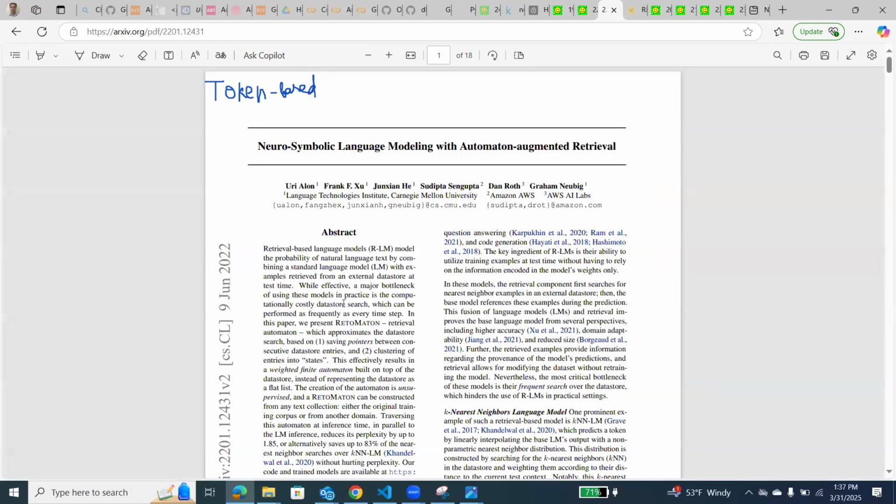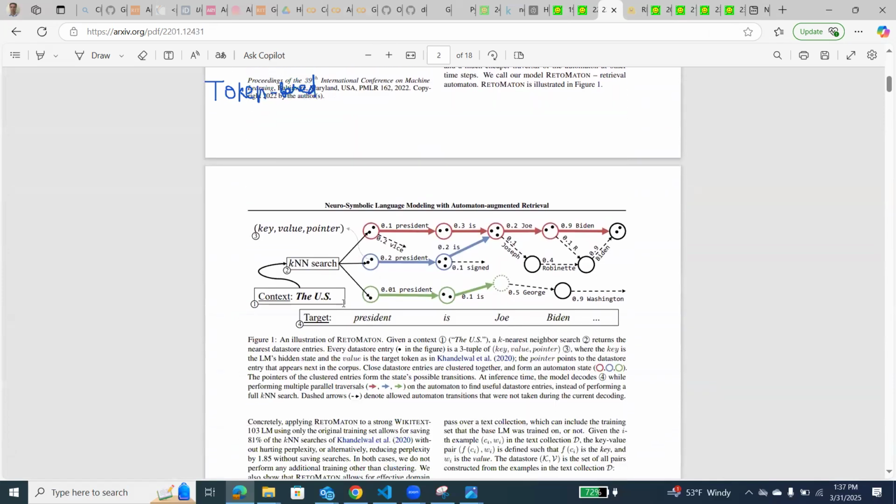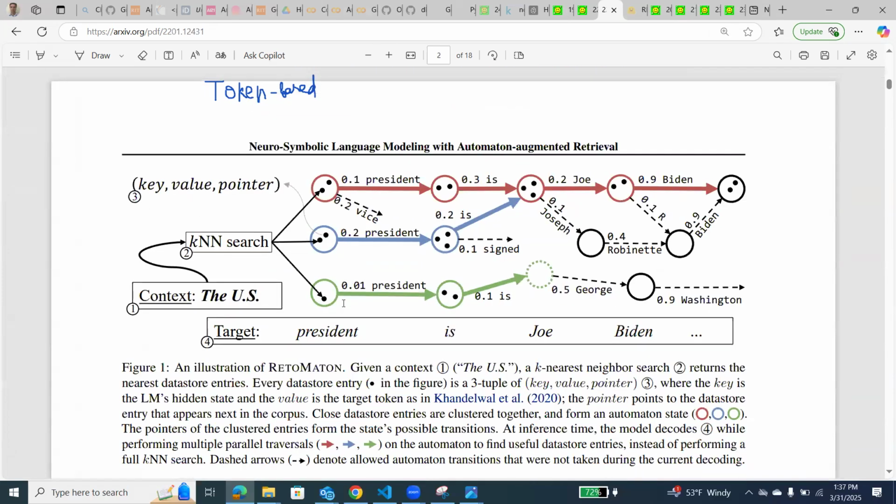The next paper is still token-based. They propose, instead of using the probability estimation for every new token, to keep track of the probability of previously generated tokens, and then they build this kind of finite automata graph, where they also combined some similar tokens.